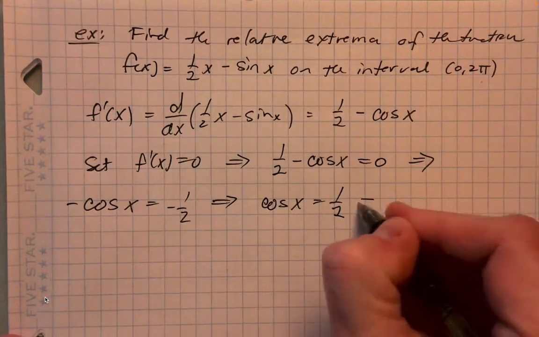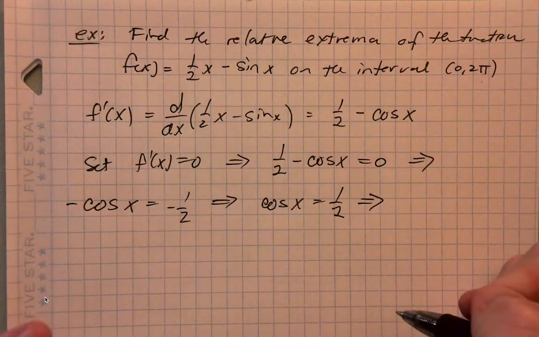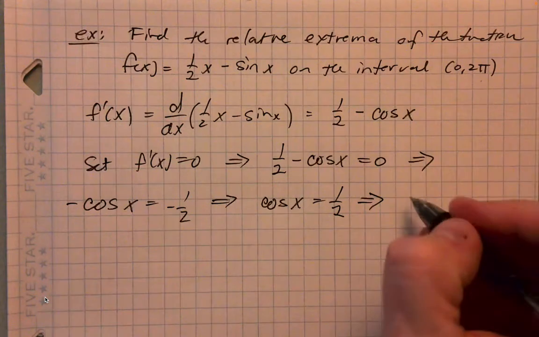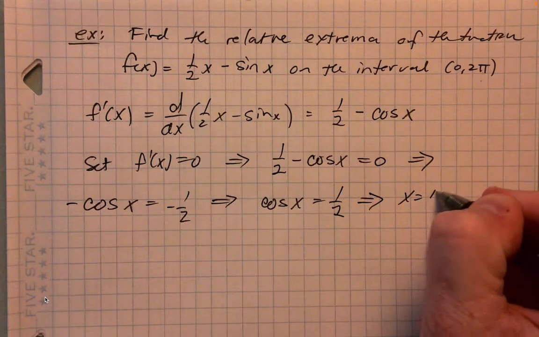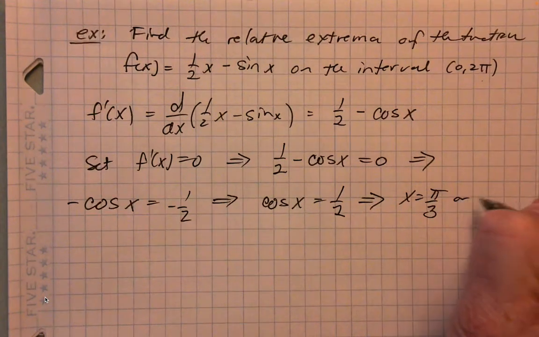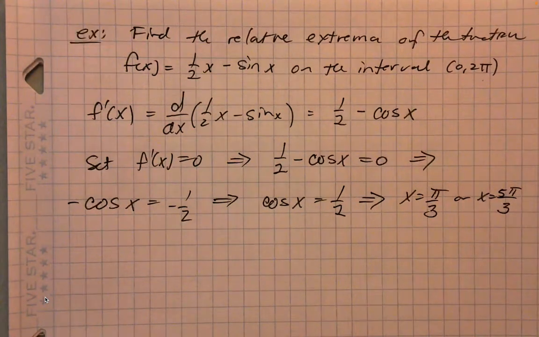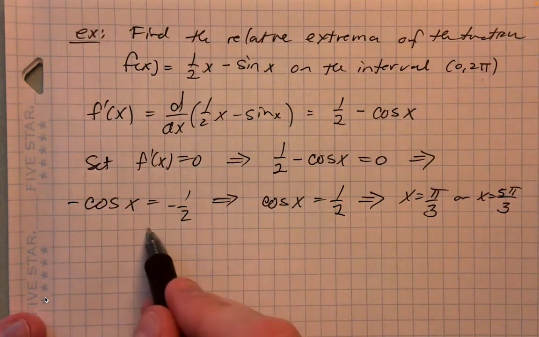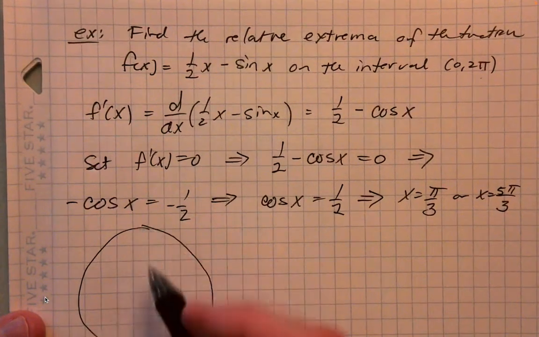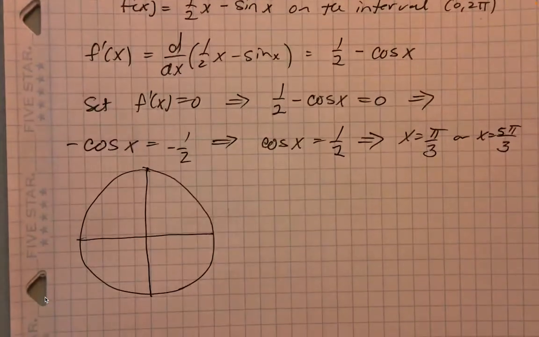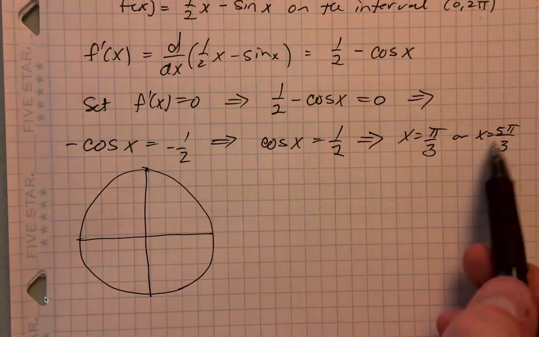And so there are 2 such values of x. 1/2 is a nice number, so we do have x equals pi over 3, or x equals 5 pi over 3. And so you could pull out a unit circle and think this through, if you want to. You can also use the inverse cosine function of a calculator.